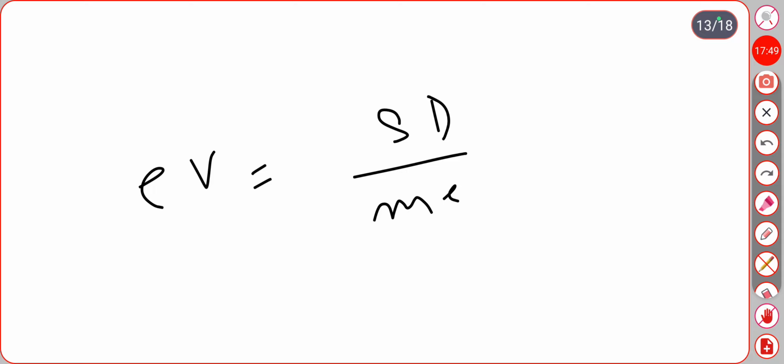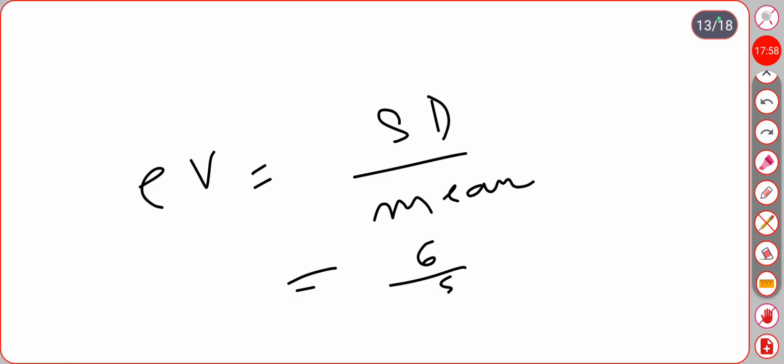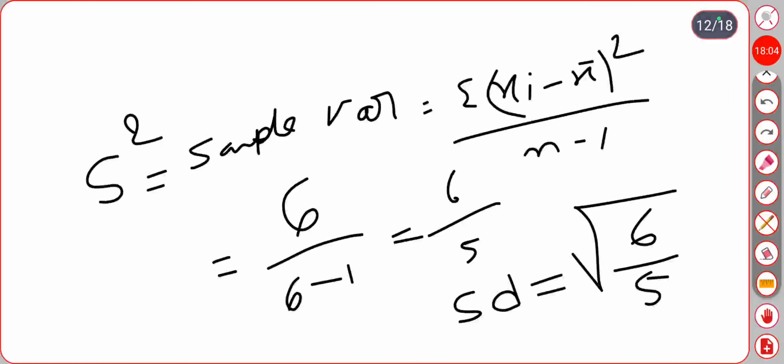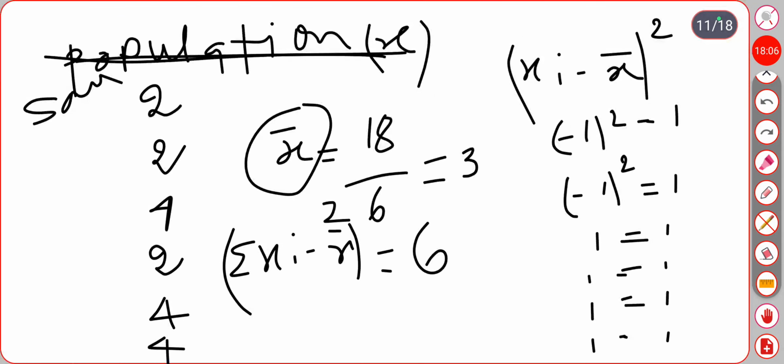What is our standard deviation? That is root of 6 by 5, divided by the mean. What was our mean? Sorry, 3. Yes, the sample mean was 3.